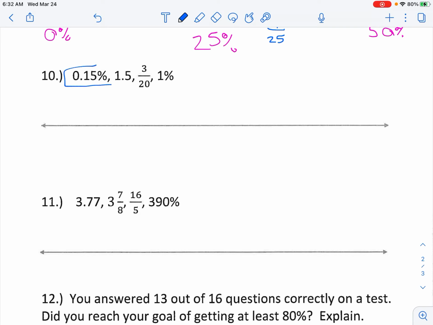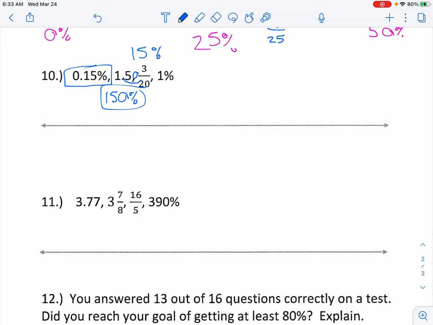So this one is already a percent. I've got 15/100%. 1 5/10, and I'm going to slide that decimal twice to the right, which means I'd put a 0 in there. That's going to be 150%. 3/20: I'm going to go to my calculator and do 3 divided by 20. That's 15%.